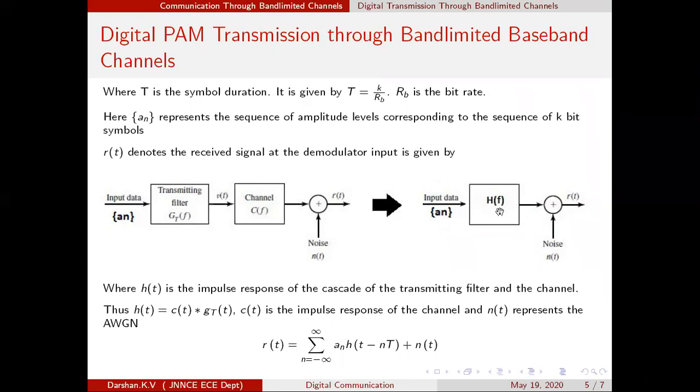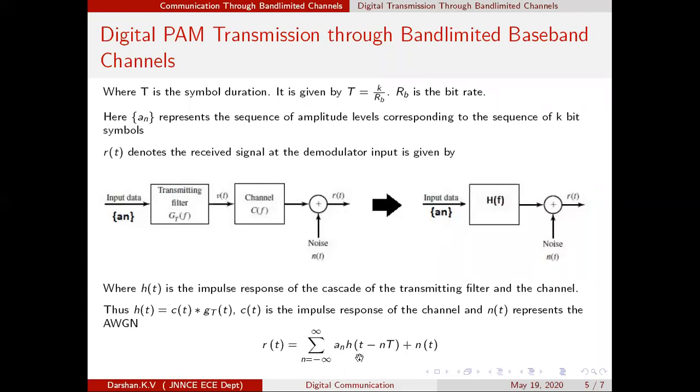But you are working with so many pulses, therefore you use the summation, which ranges from minus infinity to plus infinity. You can't count the number of pulses the filter is going to generate, or the symbols which the source is going to generate. Therefore I am using minus infinity to plus infinity. a_n is the amplitude, h of t.